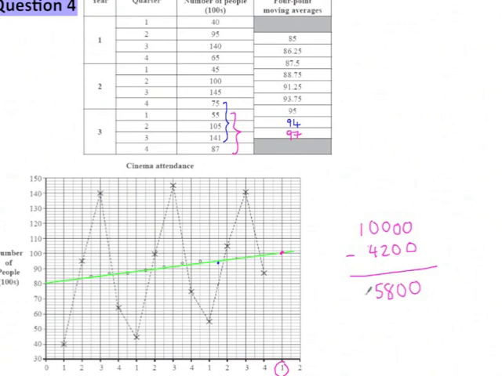Now again, the mark scheme allows for any answer between 6,000 and 8,500. It will depend here on how you have drawn exactly your trend line.